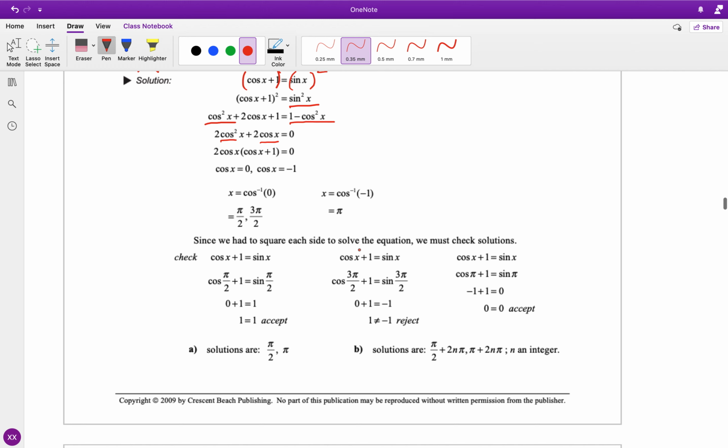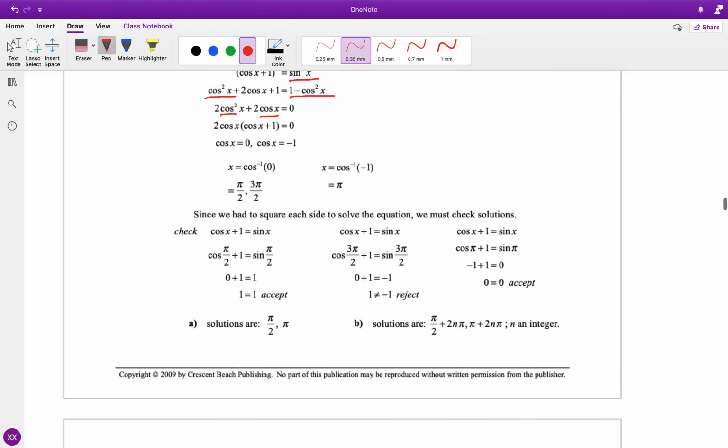Okay, so from here we got 3 solutions. Each solution needs to be checked, because one of them might be created just by this way of seeking solutions. In this case, this one is accepted, this one is accepted, this one is rejected. So our solution is only these 2. And the reason why we cannot say, well, from here to here it also differs by pi over 2, so why not just do pi over 2 plus n pi?